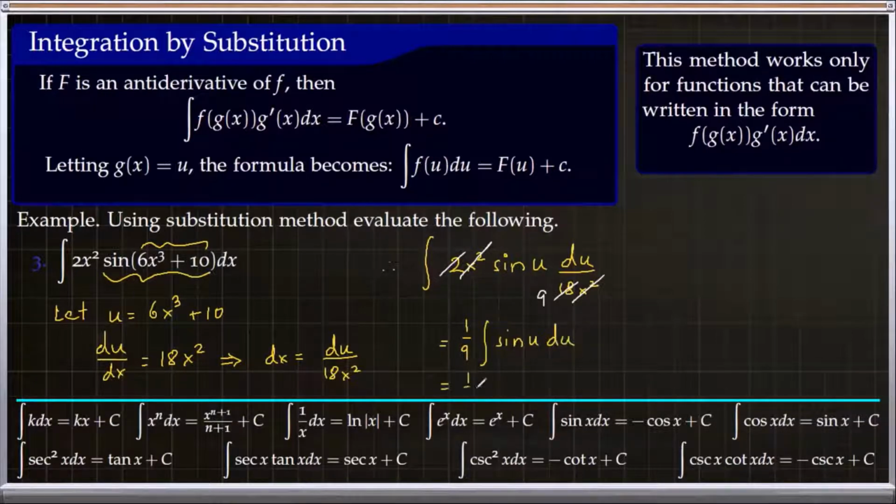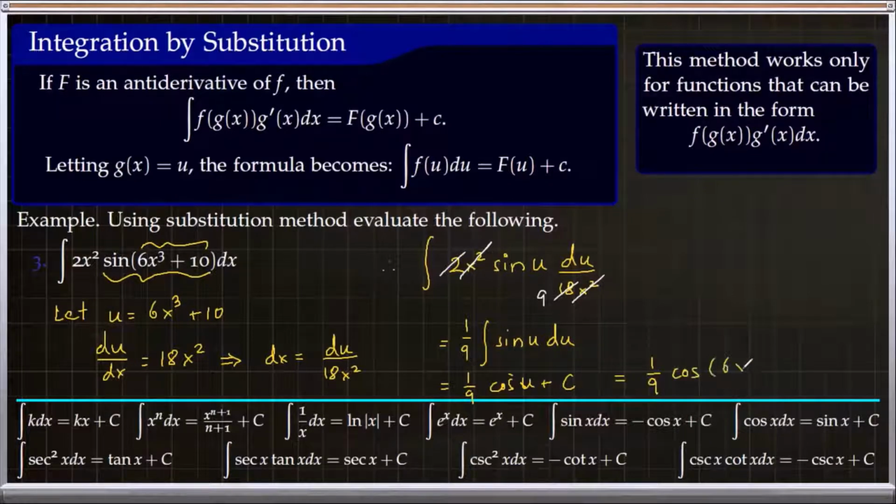So this becomes 1/9, and you see the integral of sine is given by this formula here. So this will be negative cosine u plus constant. Now finally we can just replace the expression for u back in terms of x.